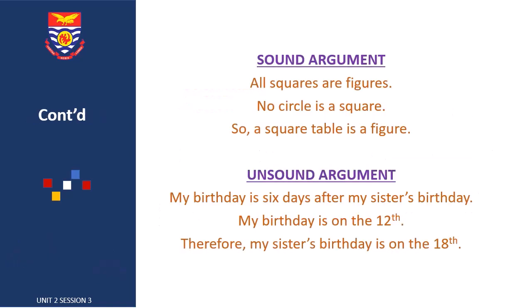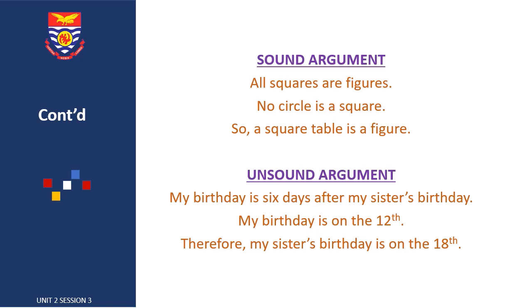Let's look at the examples for sound and unsound arguments. Sound argument: all squares are figures. No circle is a square. So a square table is a figure. Note that this is first a deductive argument, and this argument is valid.